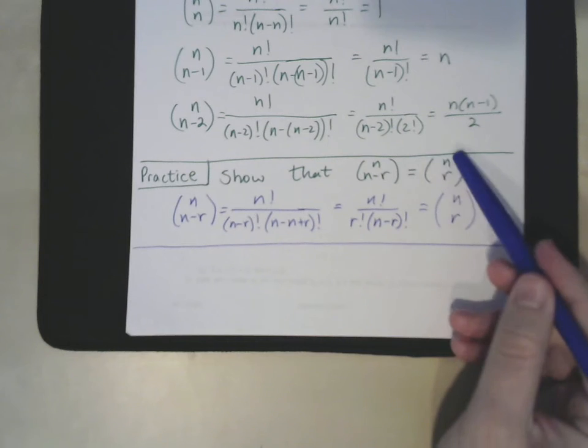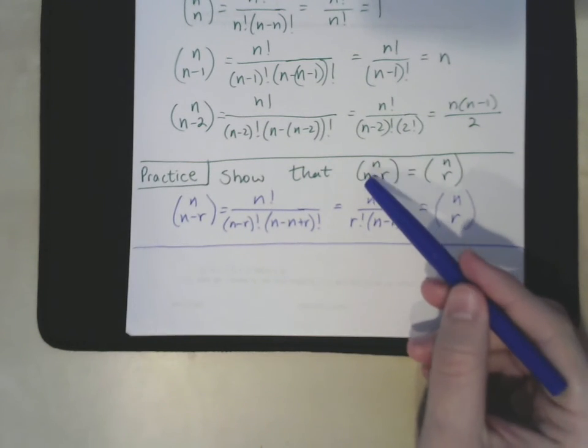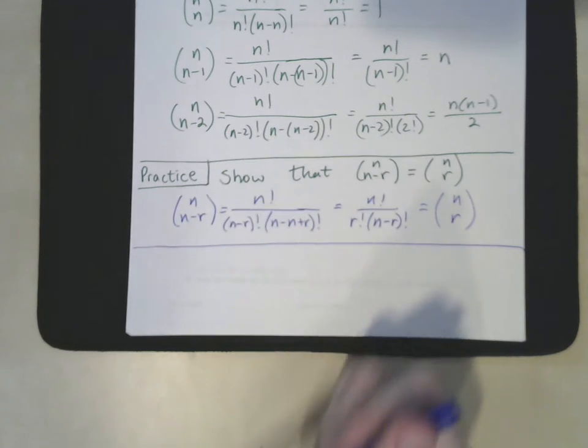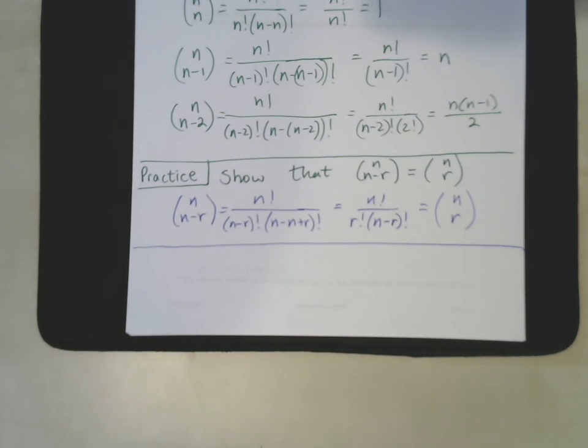So n choose r is equal to n choose n minus r means that n choose n minus 2 is equal to n choose 2. n choose n minus 3 is equal to n choose 3, and so on.